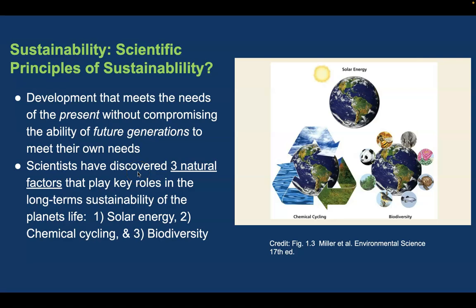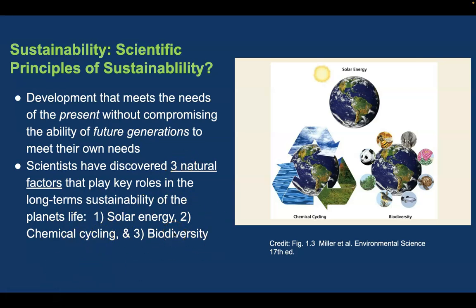When we look at this idea of sustainability, there are three natural factors that we have to consider that play very key roles in the long-term stability of the planet's life. Later on we talk about some of the pillars of sustainability for businesses and development, and we have to look at how those pillars will impact these three natural factors.